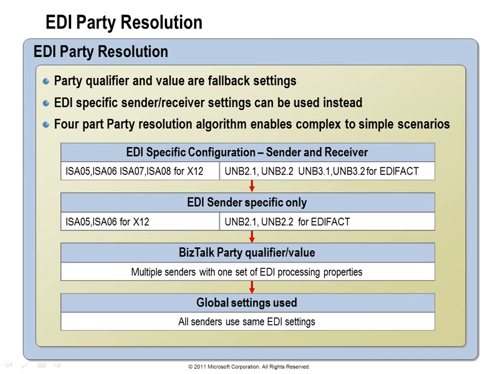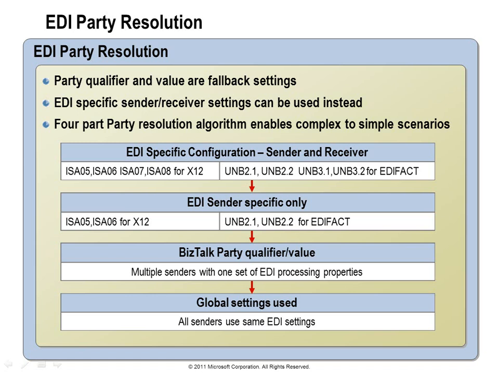I mentioned that one of the key things is that party, and so as messages are received, it's really important that the system and those pipeline components are able to resolve the party. So that party qualifier, the different values are there, but we can also specify on those agreements and the settings for those protocols the specific notion of what kind of identifier we're going to use and what value is going to be in there.